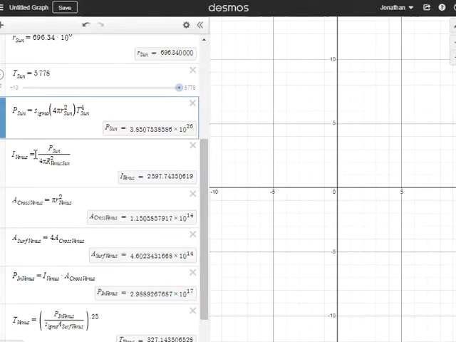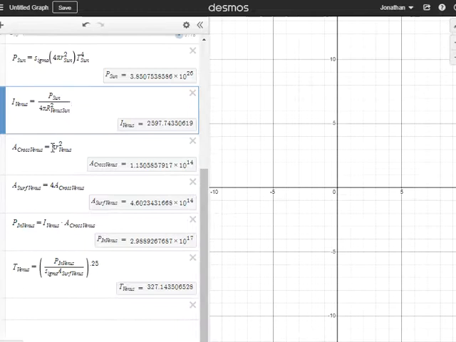The intensity that reaches Venus is the power of the Sun divided by the surface area of a sphere that goes all the way out to Venus. The cross-section of Venus is pi times the radius of Venus squared, and the surface area of Venus is 4 times that cross-sectional area.